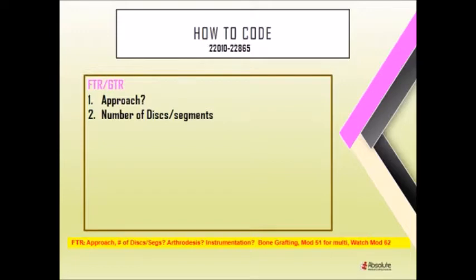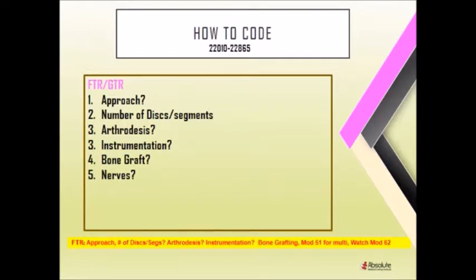Number 2, what are the number of discs and segments? 3, did arthrodesis take place? 4, was there instrumentation? If the answer is yes, then you code it. 5, was there a harvesting of bone graft? 6, were there nerves involved?